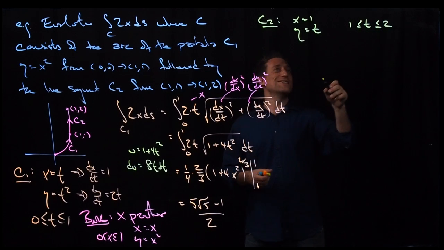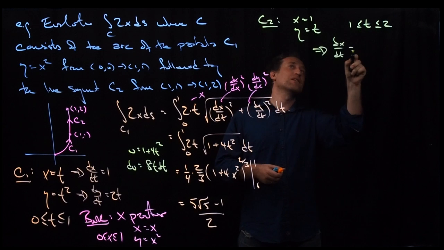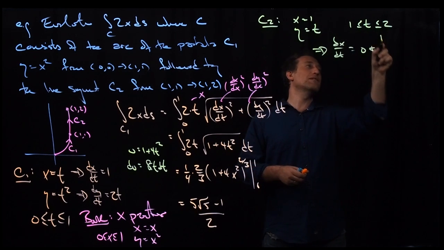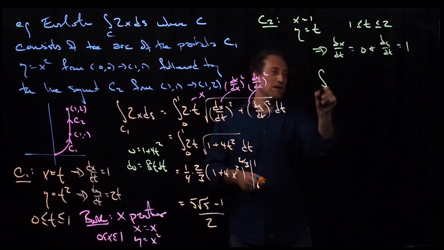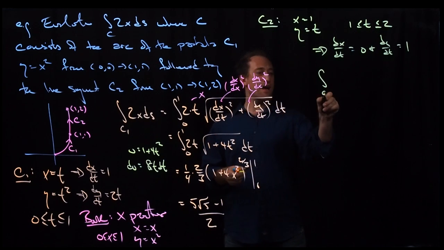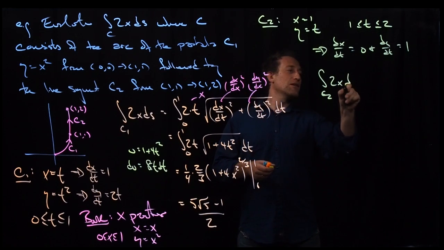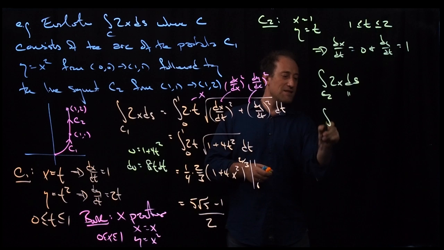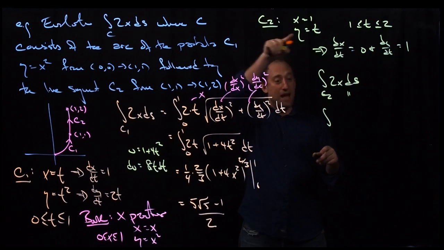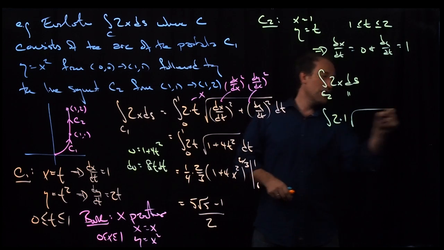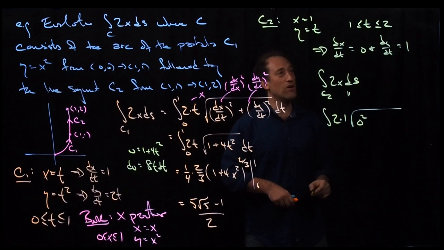So what does this get me? It says that dx/dt is 0 and dy/dt is 1. So what? The integral along now C2 of 2x ds, again, is the integral of wherever there's an x, now put a 1, and the square root of (dx/dt) squared will be 0 squared.